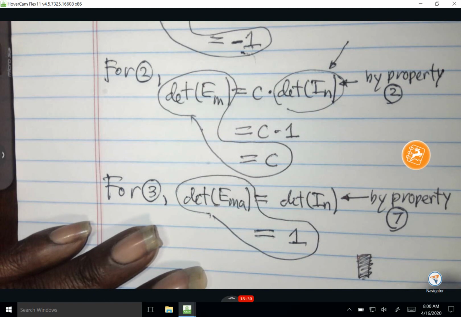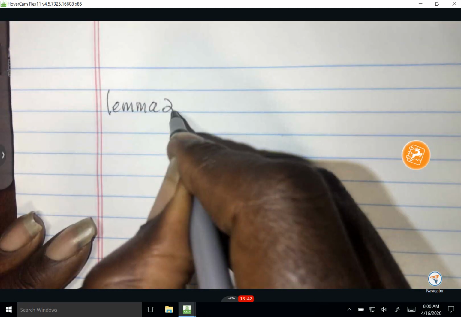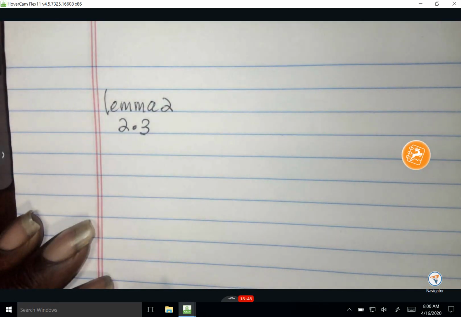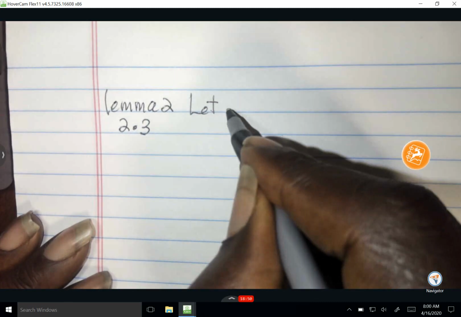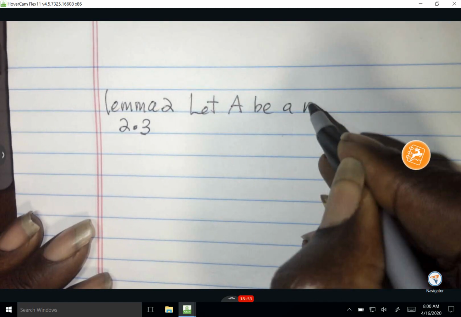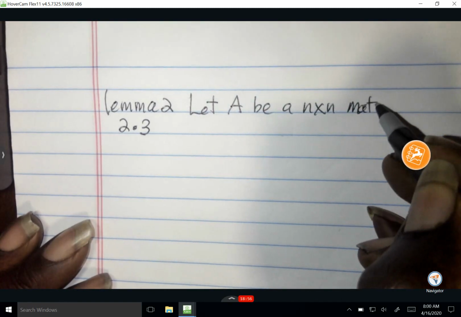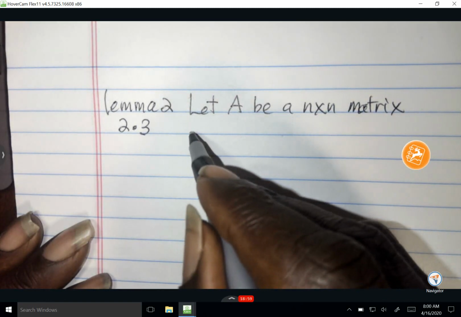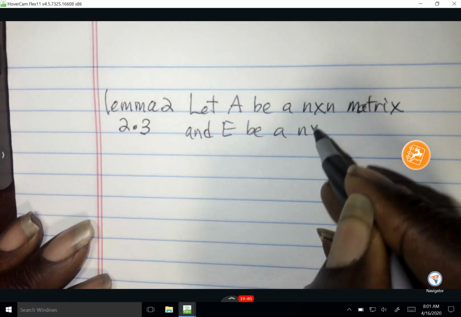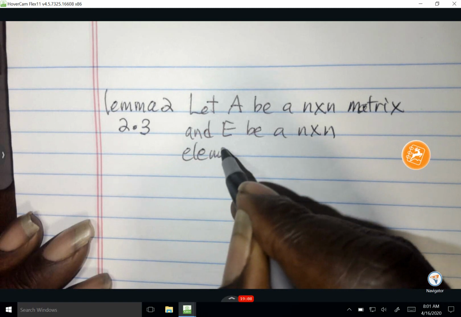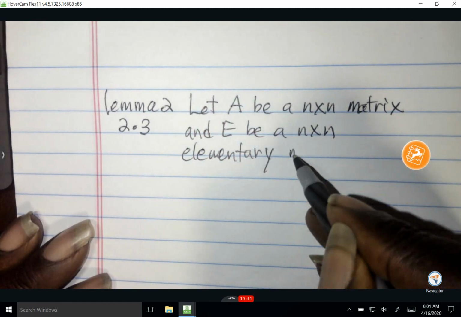This is lemma 2 of 2, 3. It goes like this. Let A be an n by n matrix and E be an n by n elementary matrix.